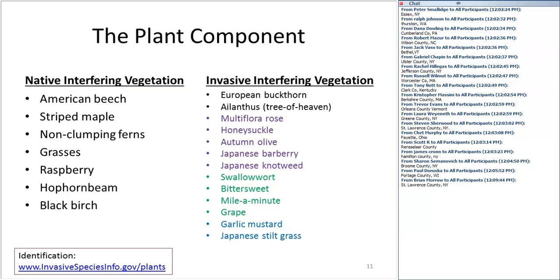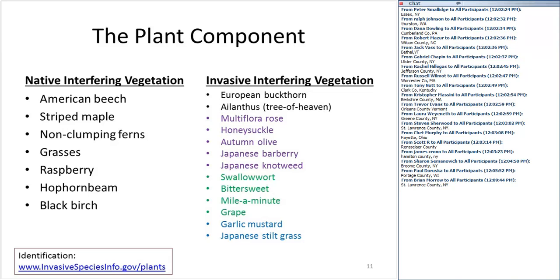The plants that we're talking about, I'm using the word interfering because it encompasses both native and non-native plants. So you have two lists up here: native interfering vegetation and non-native or invasive interfering vegetation. In New York, and I presume in other states, there is a legal definition for what's invasive, and it has two components.